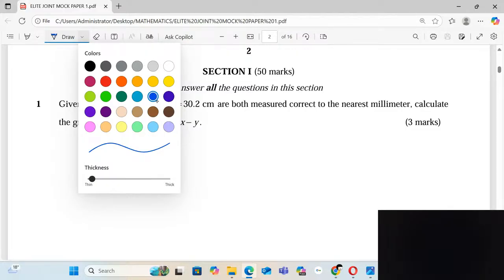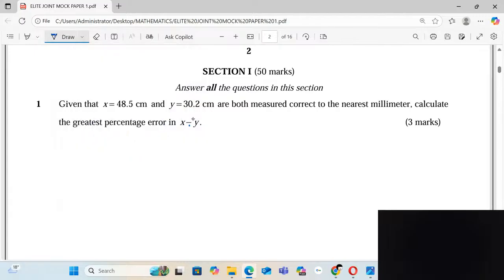You can use blue. So we start with the maximum difference.